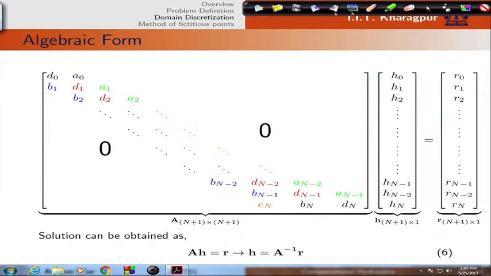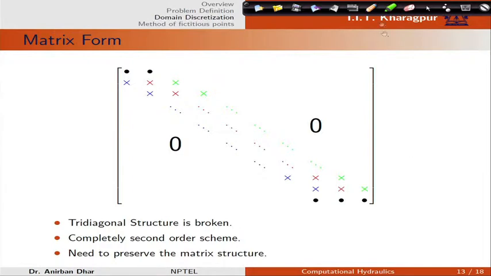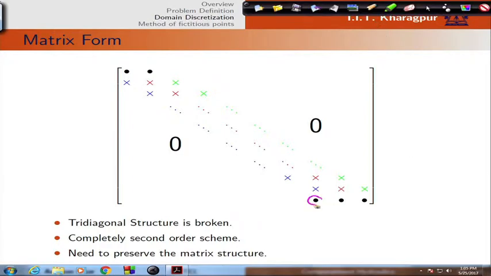However, in this case, due to this extra point, the tridiagonal structure is broken. Although this is a second order scheme, we need to preserve the matrix structure with second order accuracy.